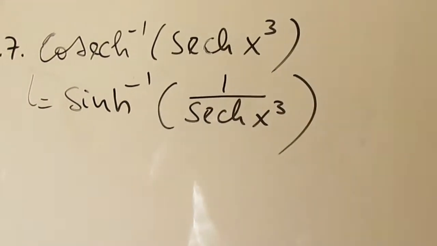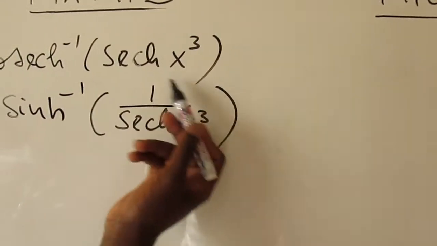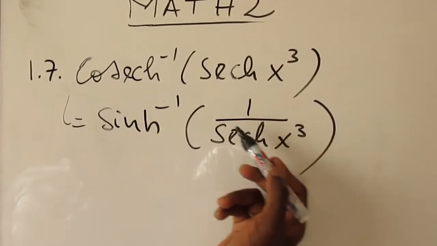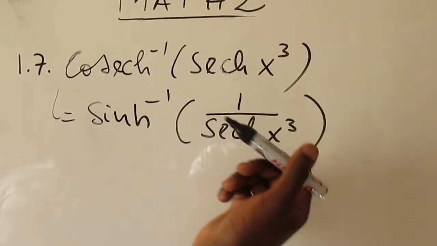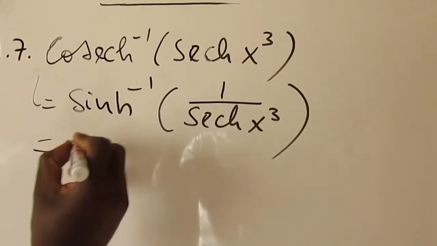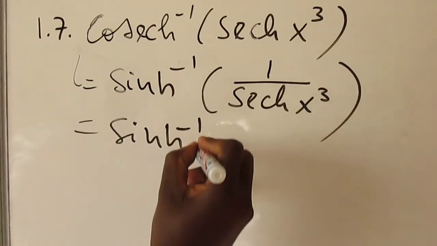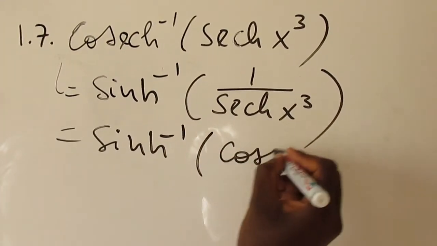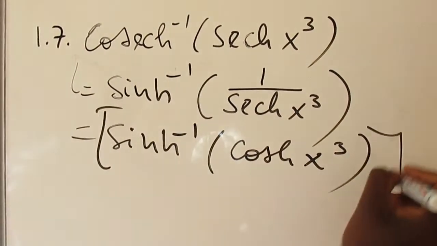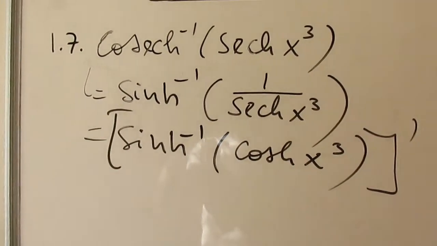So as you can see, this is going to give us cos of x cubed, because cos is the inverse of sec. So we can also write this as cos of x cubed. This is what you are going to differentiate.